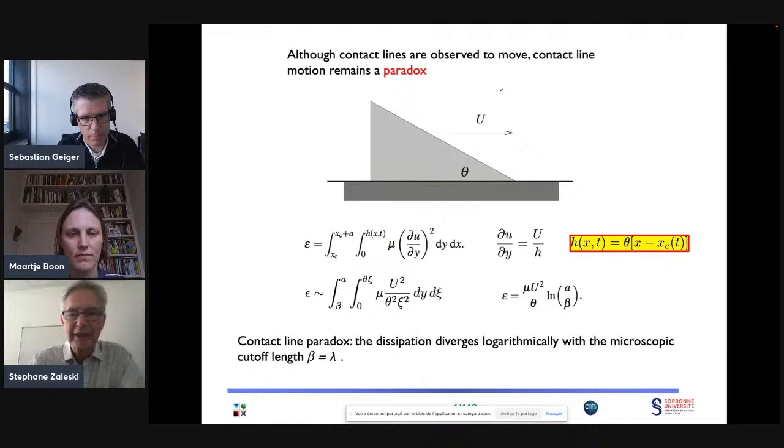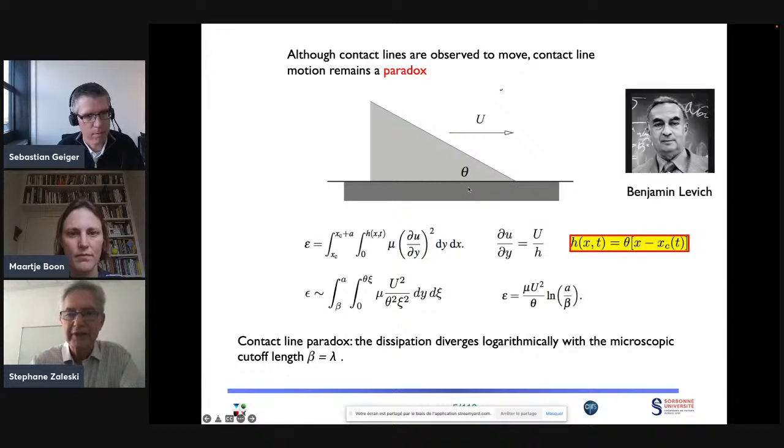This paradox can be described simply by assuming a linear flow in the wedge, and this leads to a logarithmic singularity that was considered unacceptable by the old mechanicians.